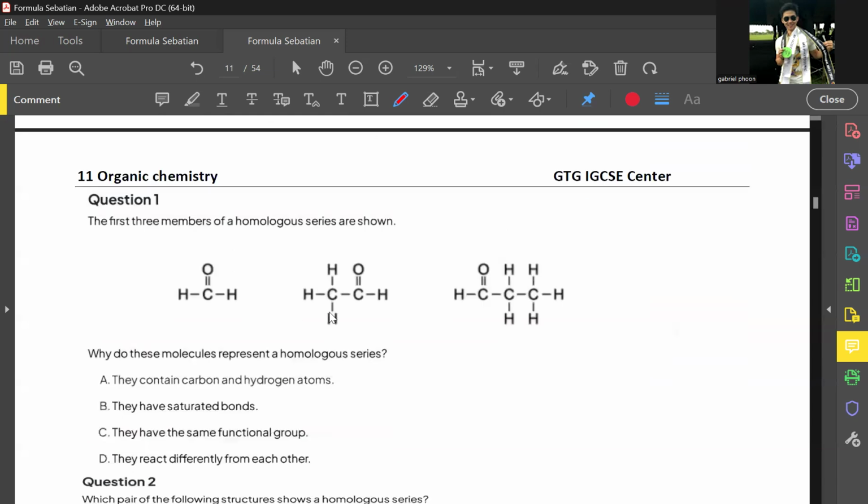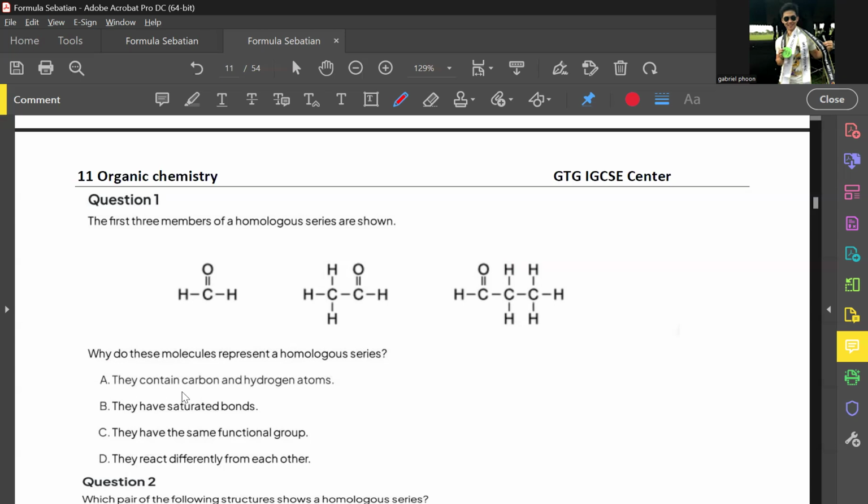Okay. First three members of homologous series are shown. Why do these molecules represent the same homologous series?